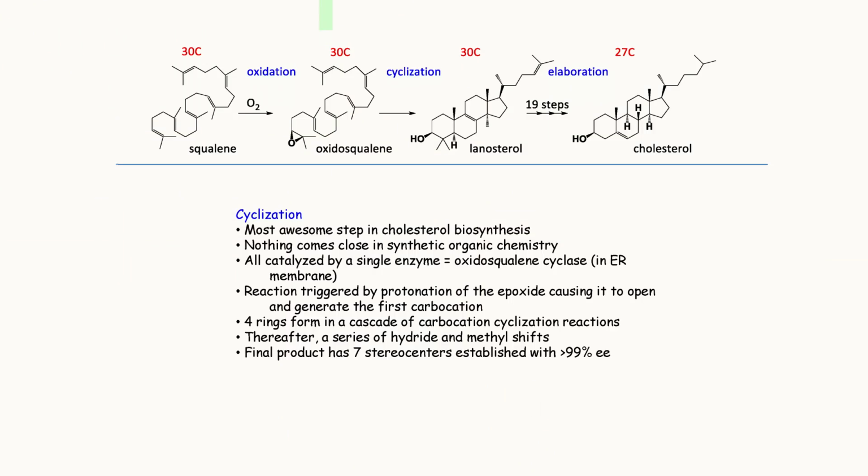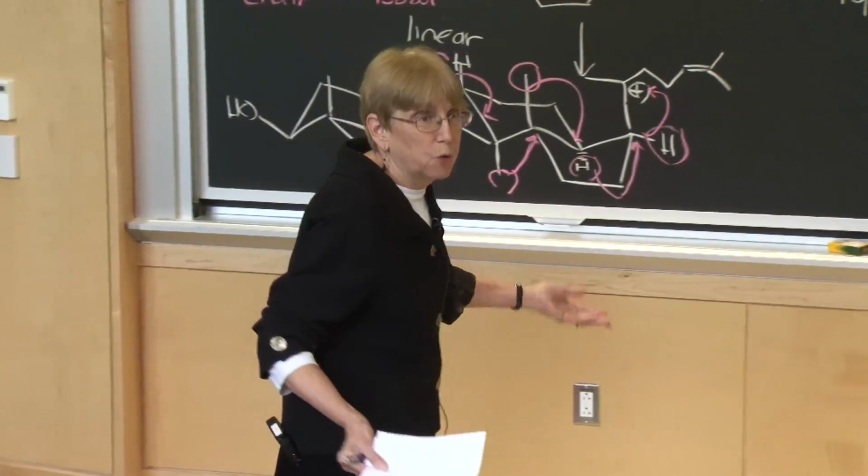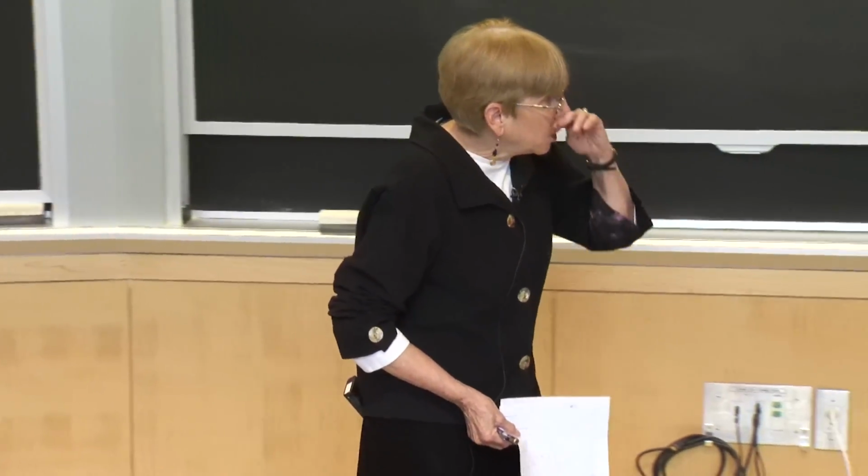I told you already that I heard about this in 1969, when they just figured out that this could happen enzymatically, and this became the basis, for those of you, if there are any synthetic people here, for people doing cascade reactions, like Tim Jamison's lab does.